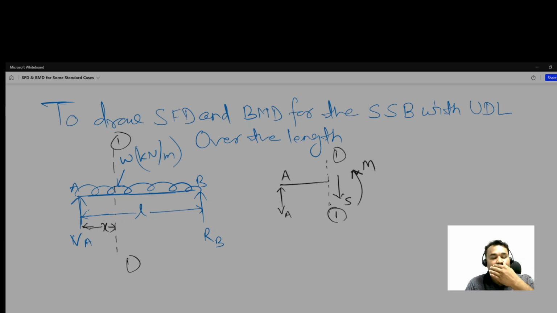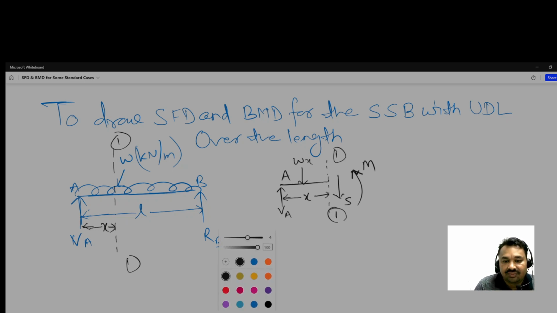Okay, so what about the load? It is wx, because this distance we have taken x, so that's why wx. Now we have to satisfy summation of Fy is equal to 0.